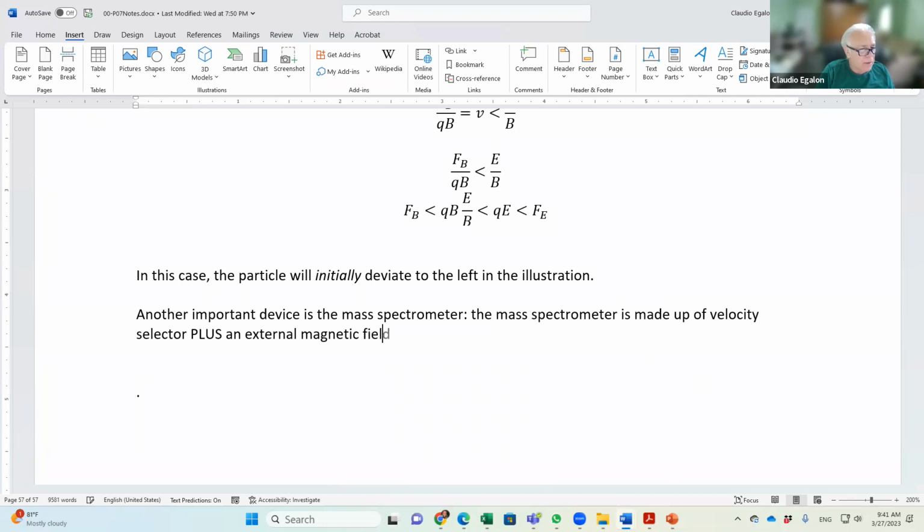So in order for you to understand the mass spectrometer, you must first understand the velocity selector.